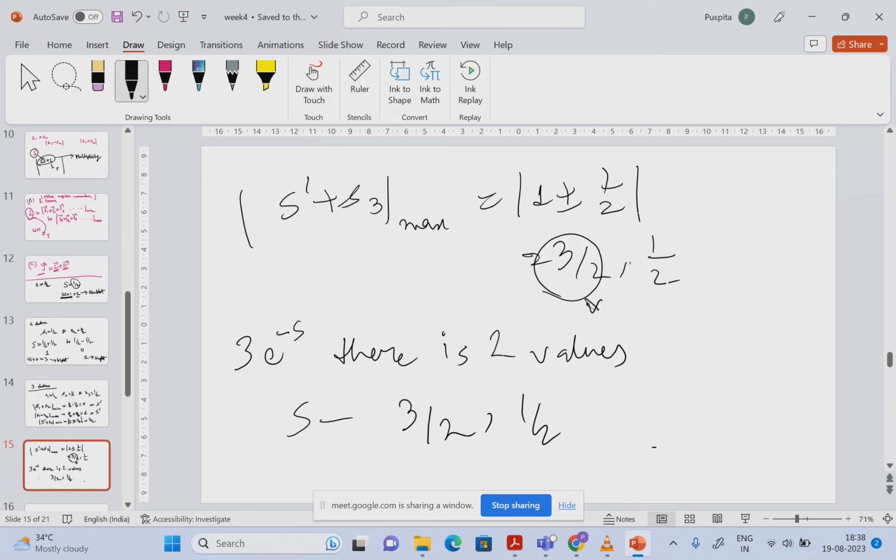So S can be 3 by 2 and half. From 3 by 2, we get 2S plus 1 is equal to 4. And for half, it becomes 2. So it is called doublet, we know that. But this is called quartet.